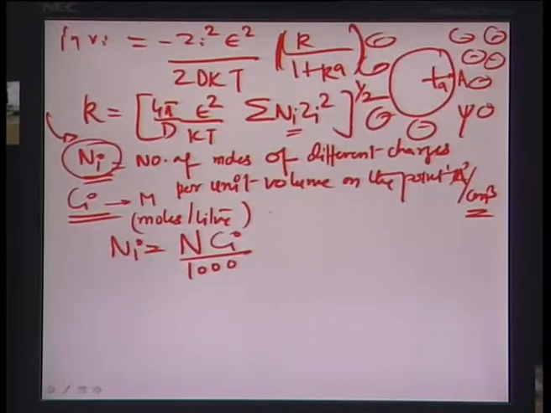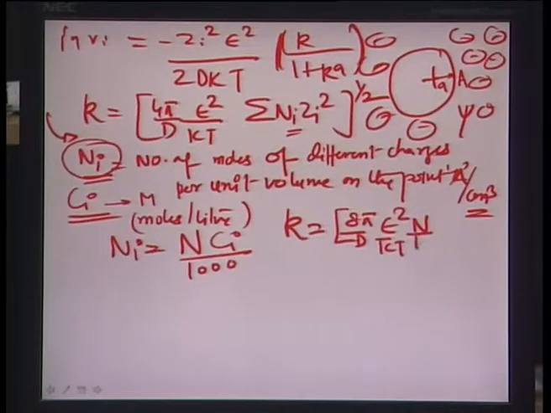So from this kind of an expression, the k could be written as really 8 pi by D epsilon square by kT, n by 1000, half Ci Zi square, and this is nothing but the mean ion concentration of I. Okay, so we can call it mu I.